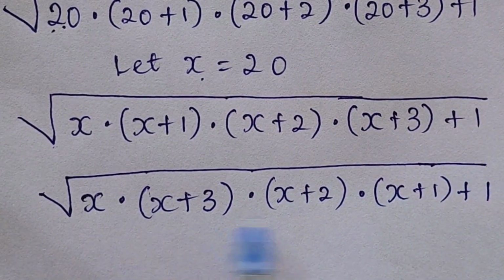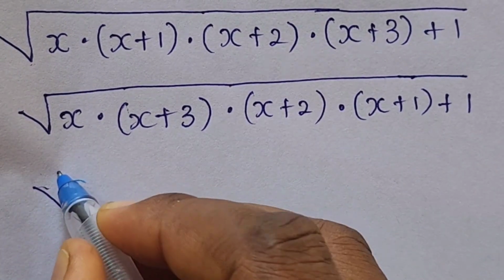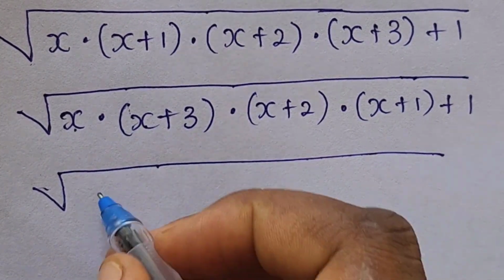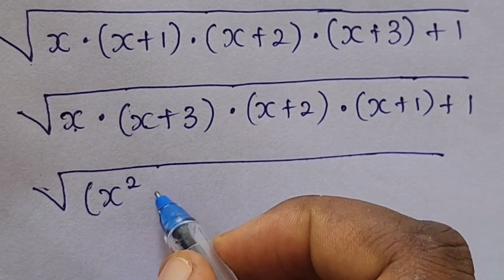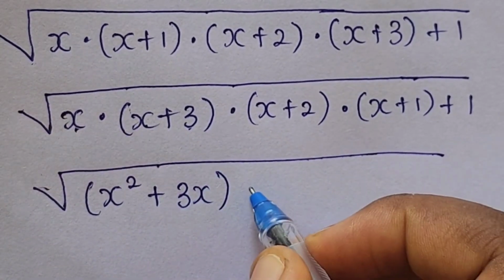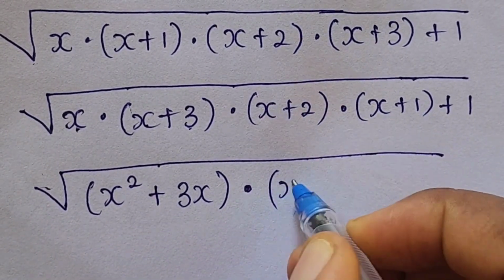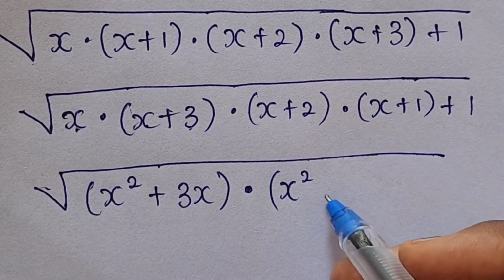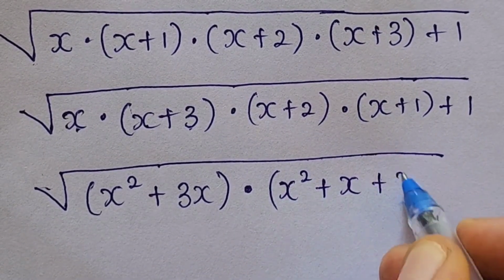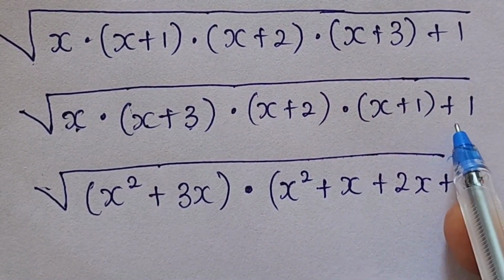So we'll be multiplying to have the square root of, we have x times this to give us x squared, plus x times 3 to have 3x, and multiplying this and this, we have x squared plus 2x, and 2 times 1 is 2, plus 1.